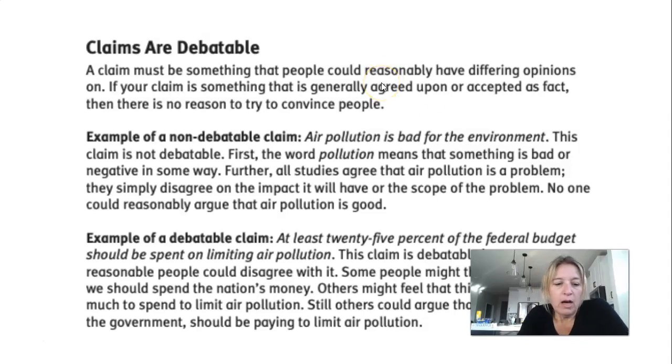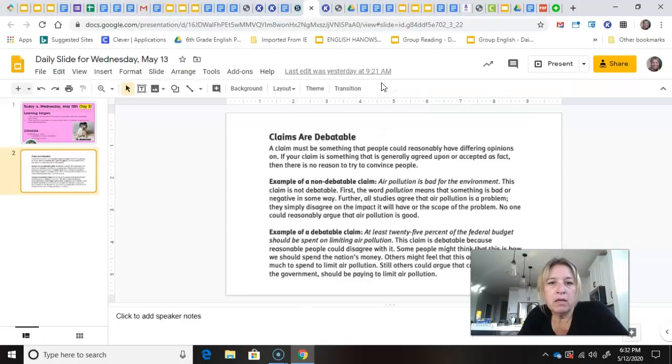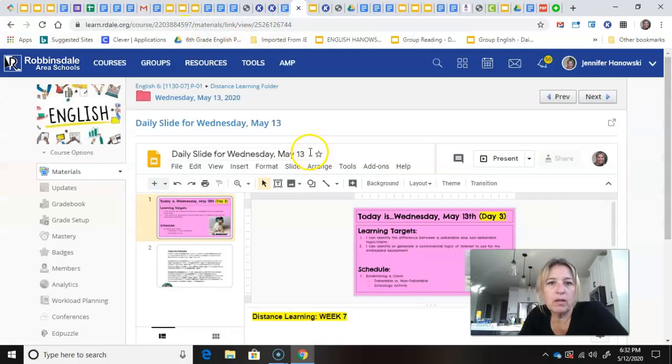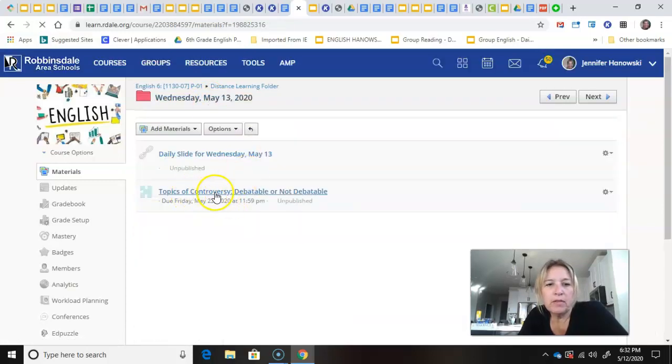Now, in the folder, there is a link with about 10 different topics, and all you're going to do is select whether each is debatable or not debatable.